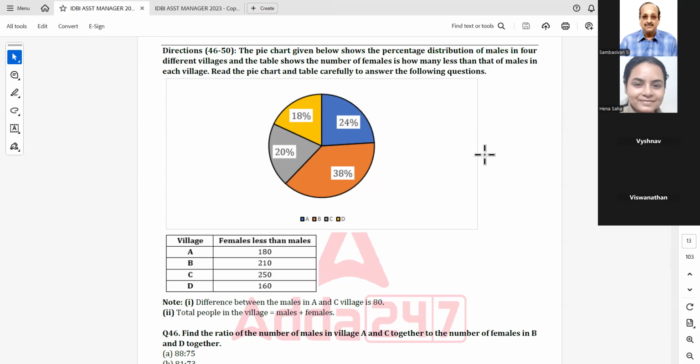The pie chart is showing only the percentage of males, not the population. It is only showing males.